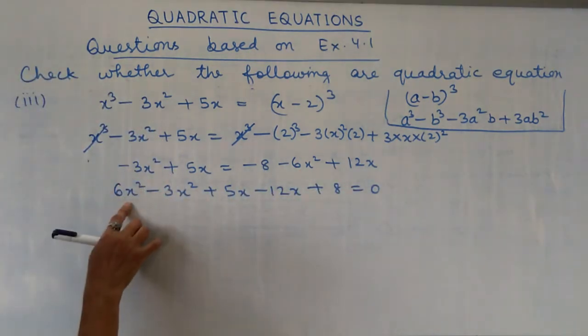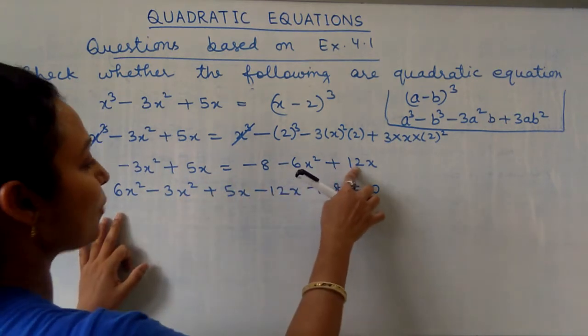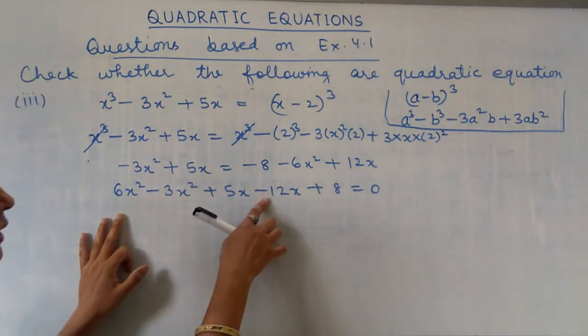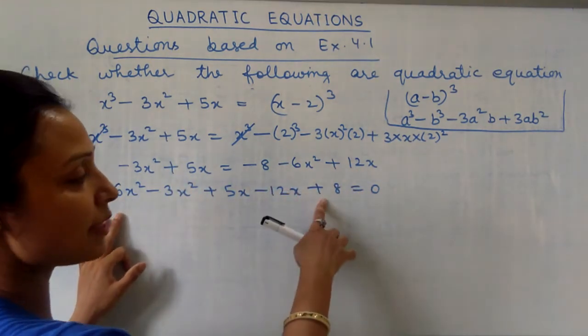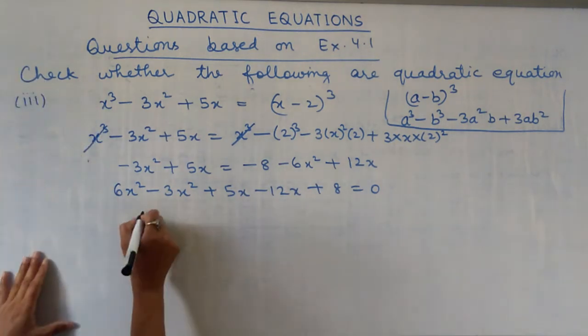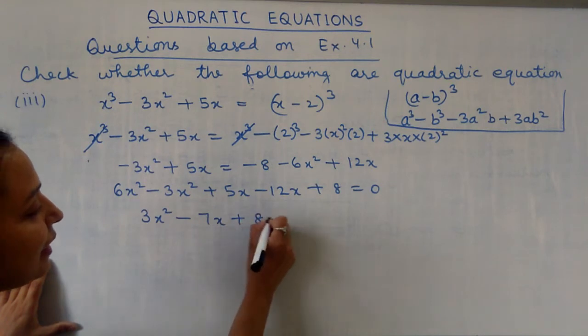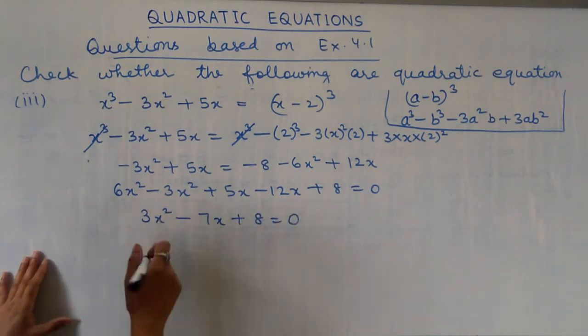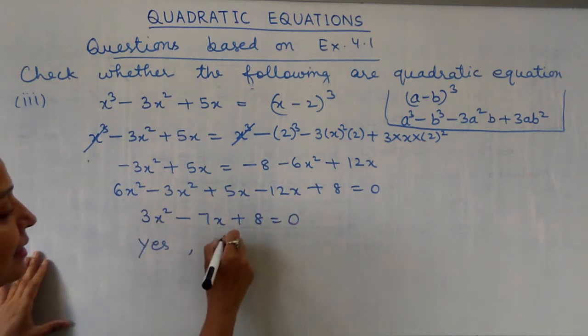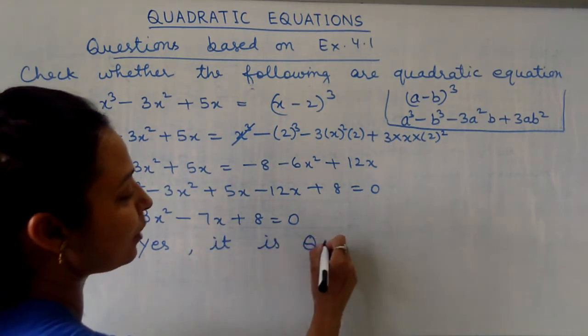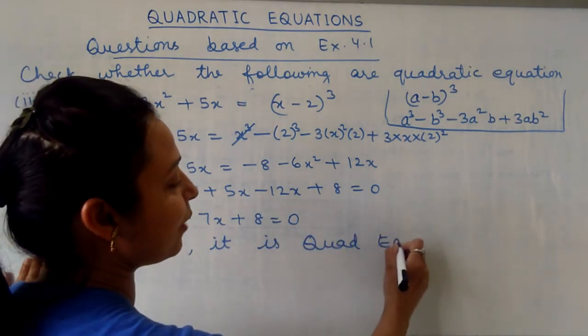Minus 6 comes as positive 6. 12x comes here in negative form and negative 8 comes here in positive form. This is 3x square minus 7x plus 8. Yes, degree is 2. Yes, it is a quadratic equation. So these are the quadratic equations.